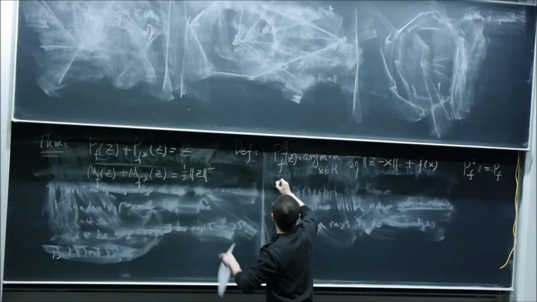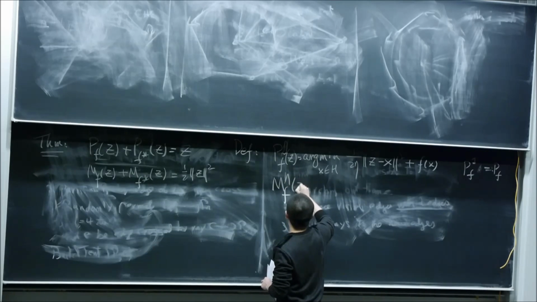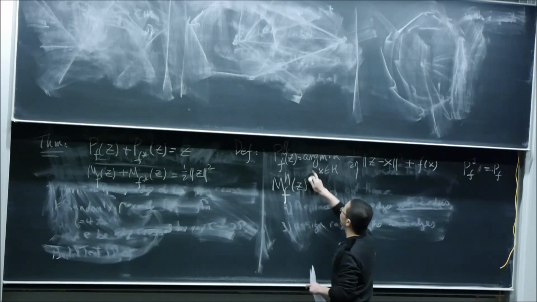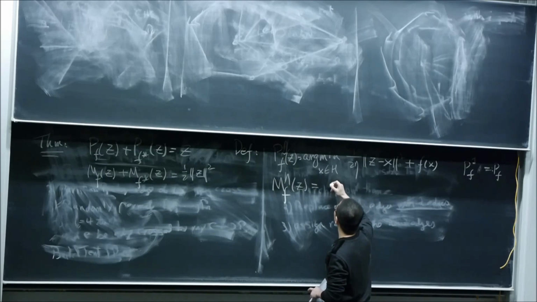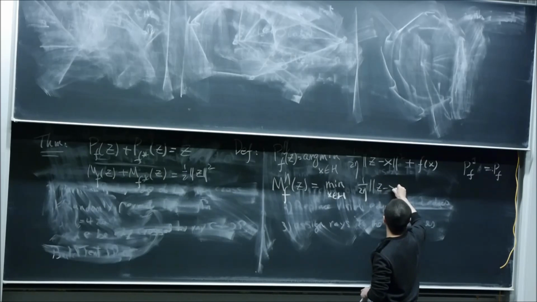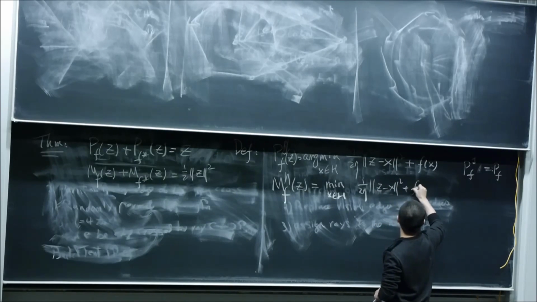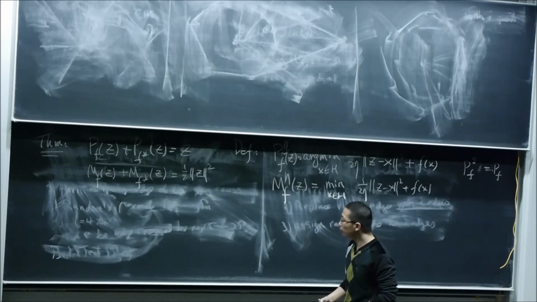And the function m f eta of z is the value of the minimum of 1/2 eta times the norm of z minus x squared plus f of x. This one is called the Moreau envelope function.